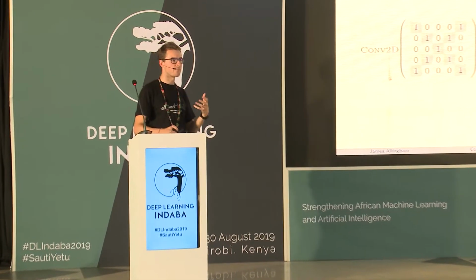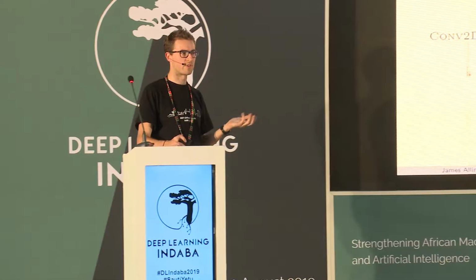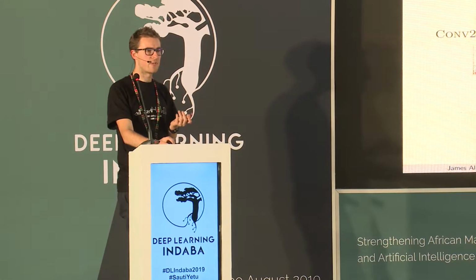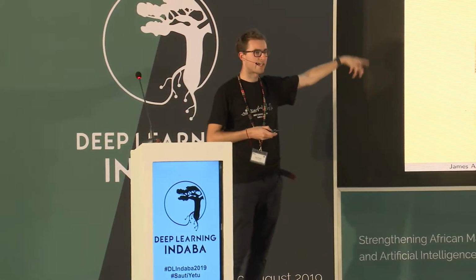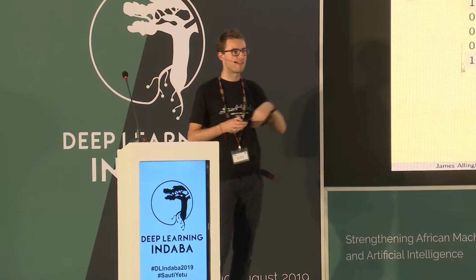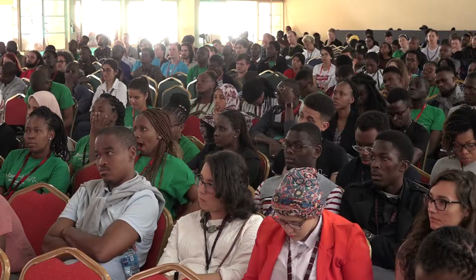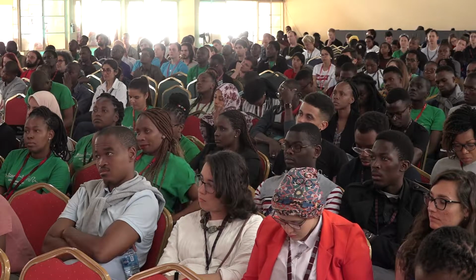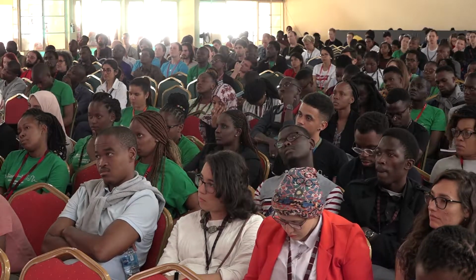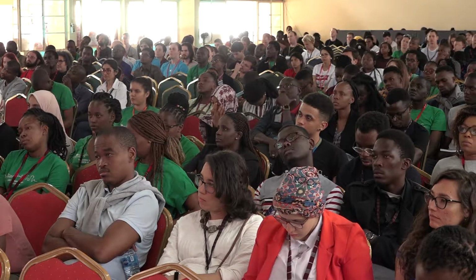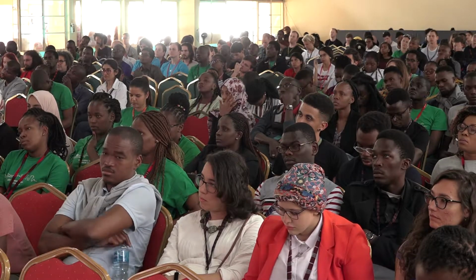How can we come up with algorithms that do anything with this data? And the solution there has been to use patterns, much like these little ones here, like upward-facing slants, downward-facing slants, crosses, circles, things like that, and slide them over our images and see how much of those little shapes we see, and then treat that as a feature that we feed into a neural network or something like that.